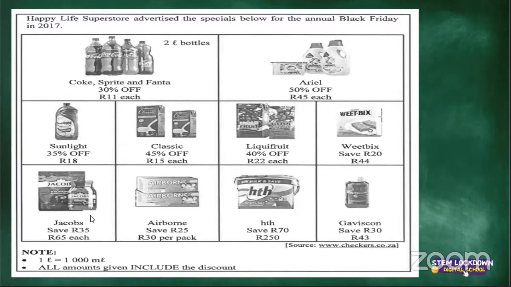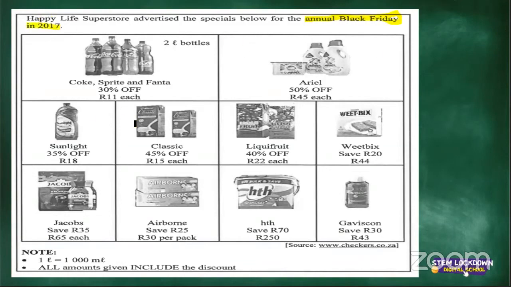All right, guys, apologies once again for that. We are looking at this advert from question 1.1. It's the Black Friday special at this store. So what are they offering at this special right here? There is the name, and especially when is it happening? It's the annual Black Friday in 2017.